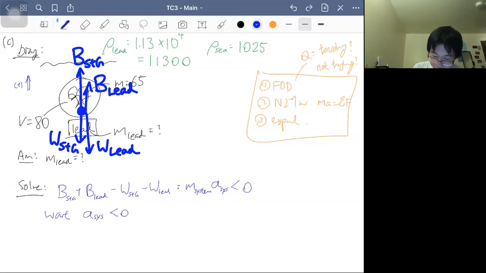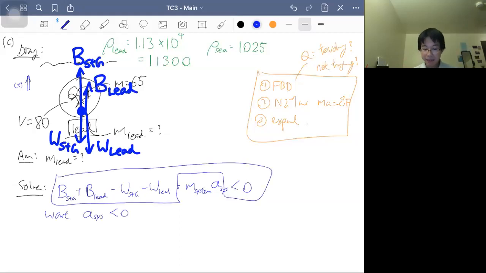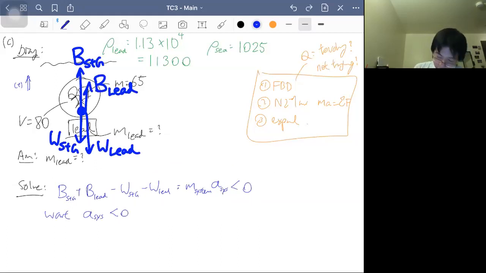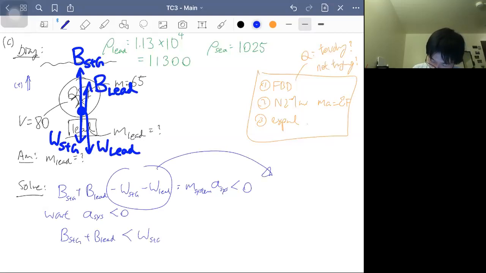You need to solve this equation: B plus B minus W plus W is less than 0. You need to solve that. Of course, if I move these terms to the other side, you'll see that B of S plus G plus B of lead has to be less than W of S plus G plus W of lead.